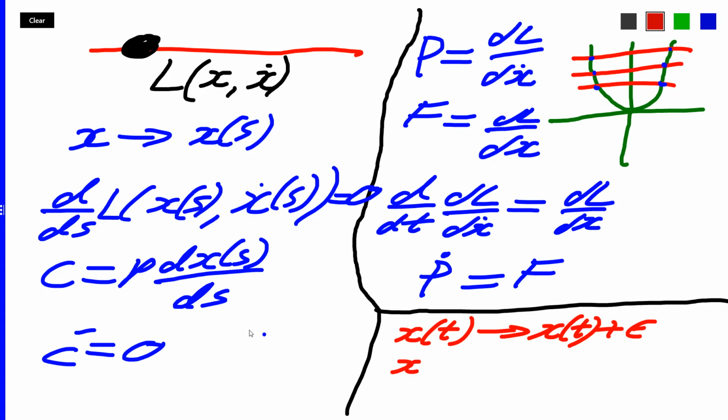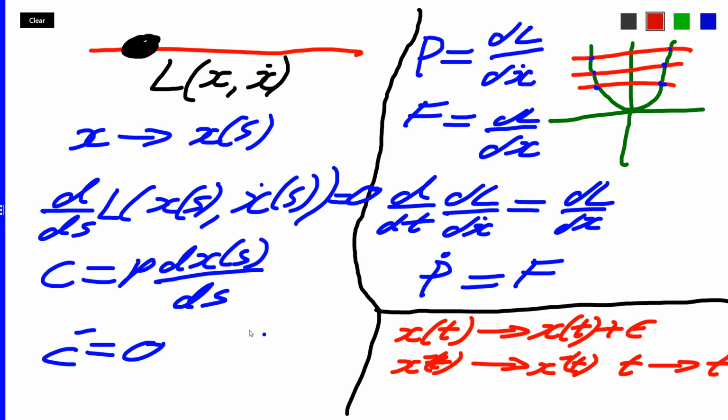We would simply get x dash of t. But this is just an infinitesimal change, which is a constant which disappears when you differentiate it. So x dash of t goes to x dash of t. The variables themselves, t goes back to t.